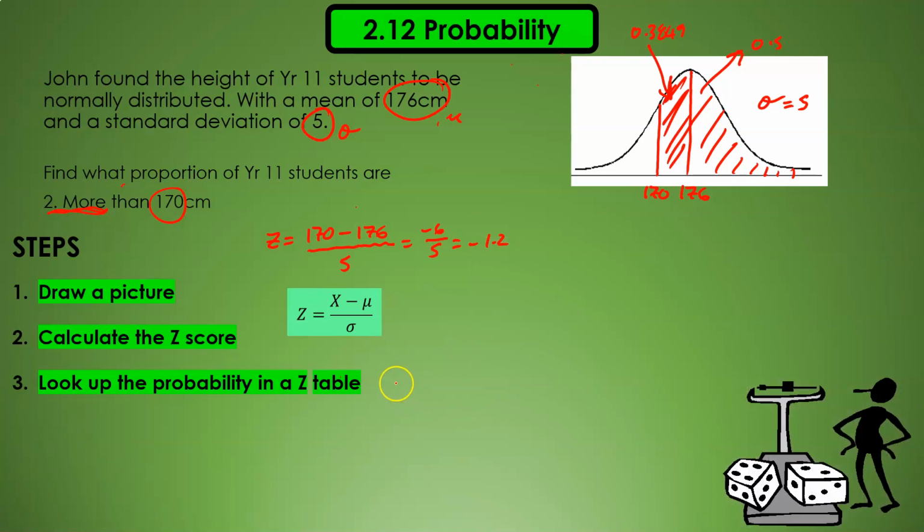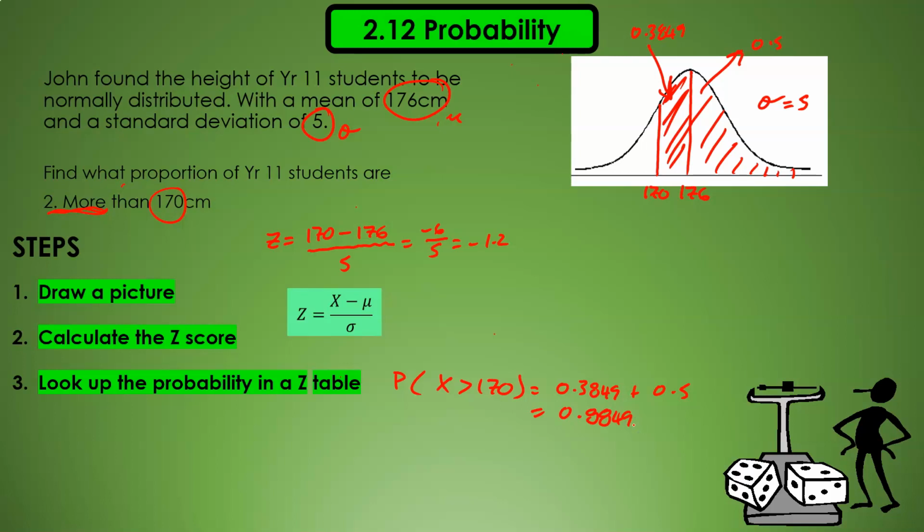Okay, so write out the probability. Probability x is greater than 170 is equal to 0.3849, which is the area from the mean, plus 0.5, which gives us 0.8849.